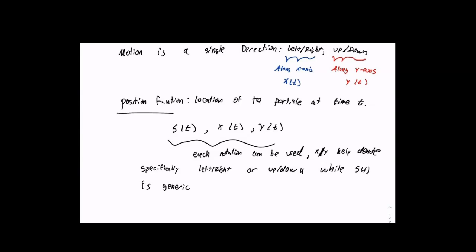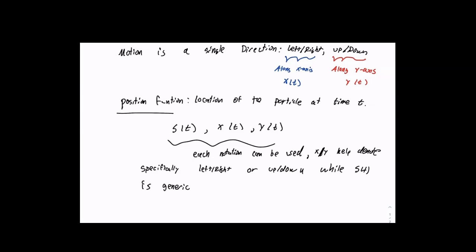Basically, here's what I'm saying. When I use specifically x of t or y of t, which I'm not going to use much for my notes today, it usually is a follow-up from something in the problem. So we might say in the problem, a spider is moving along the x-axis, is moving left and right.